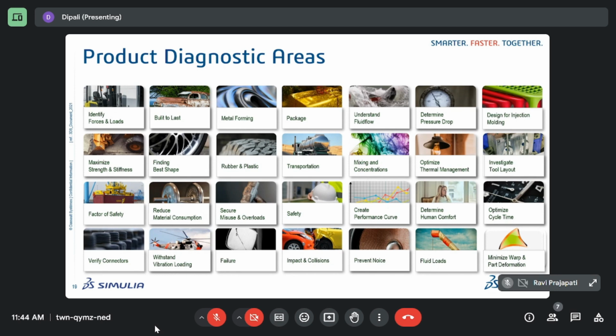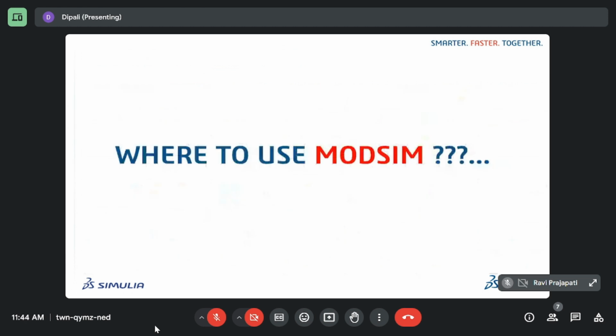We will discuss these areas in detail in our upcoming seminar. I am not going to discuss this in detail now, but we are going to discuss it segment by segment, covering where to use MODSIM and how we can approach this particular technique.